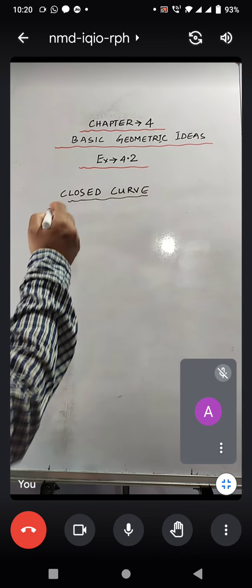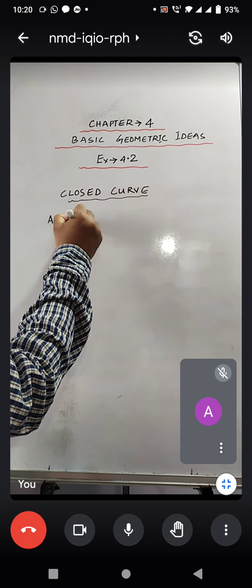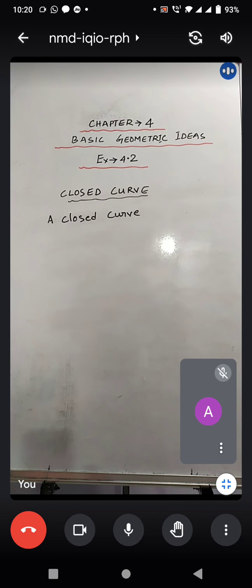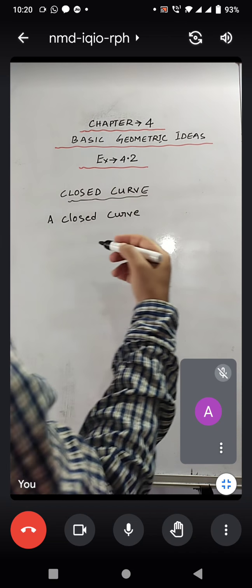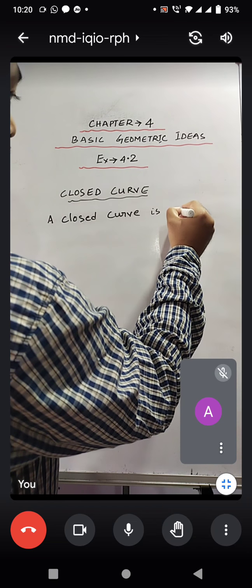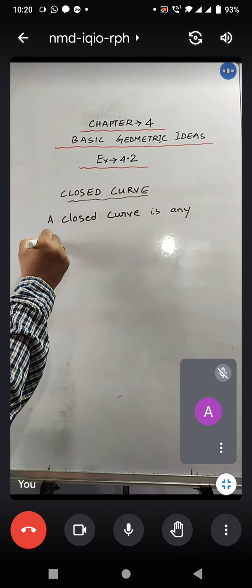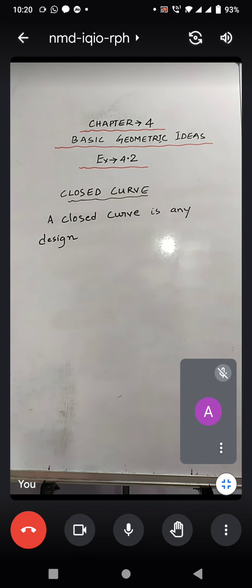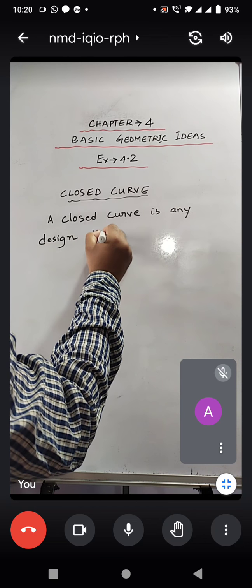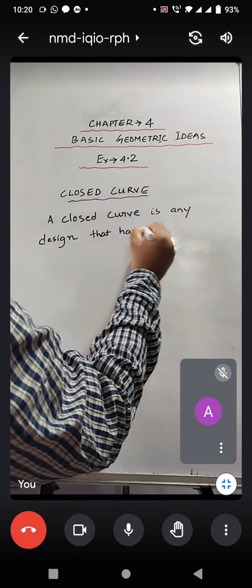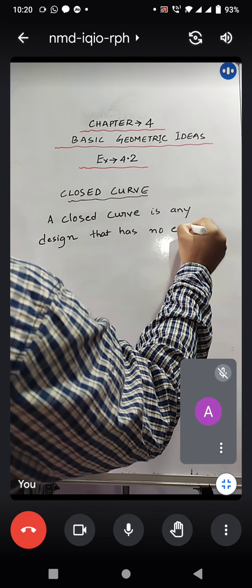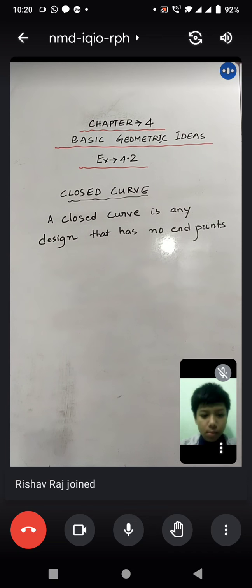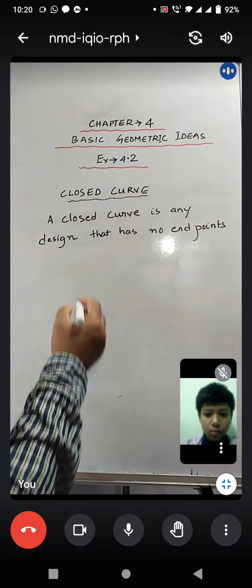A closed curve is any design or drawing, you can say, that has no endpoints, drawn on a flat surface.